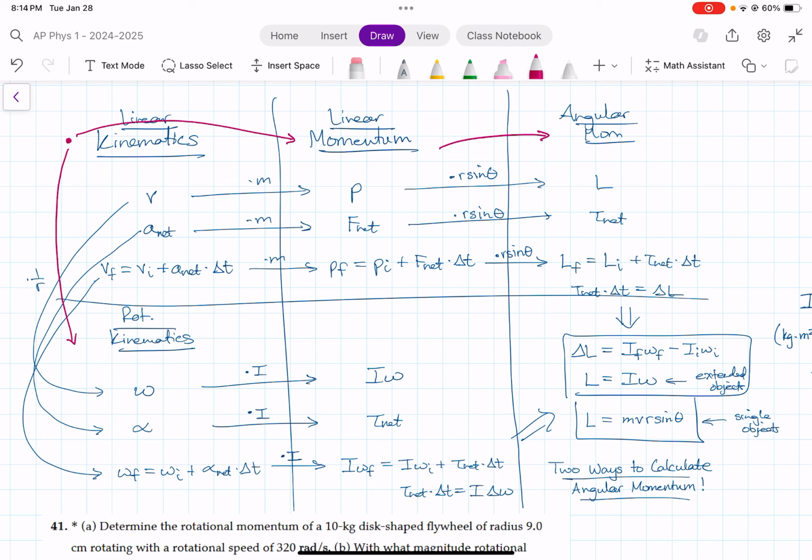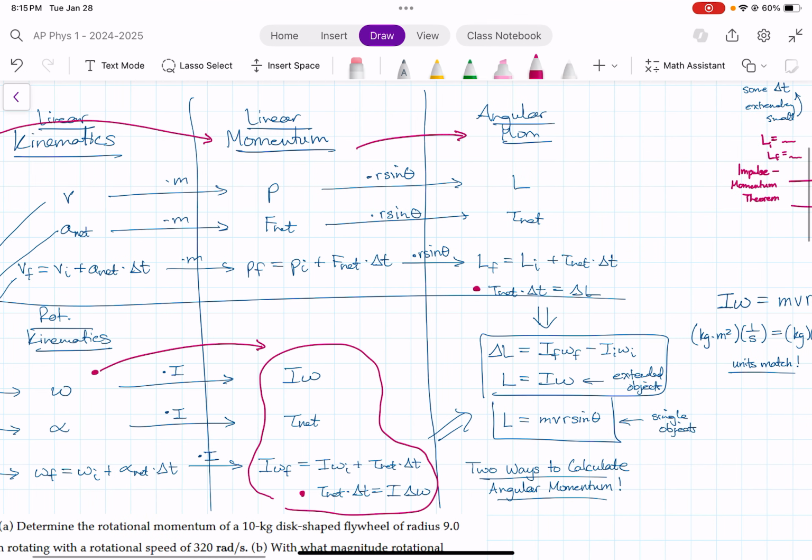And we also saw that if you take your rotational kinematics over here, multiply by the rotational inertia, I, you get these things. And namely, by looking at this very last equation and this equation over here, you realize, oh, if net torque times time is change in angular momentum, and if net torque times time is whatever this thing is, I times change in omega, the only possible conclusion you could draw is that delta L has to be equal to this I times change in omega.